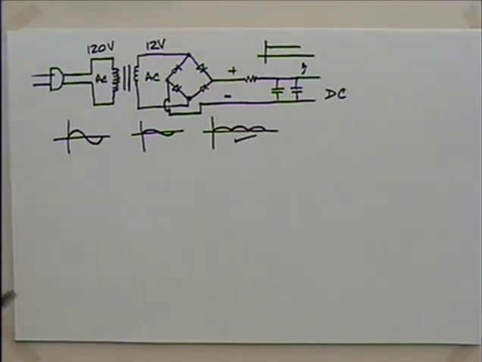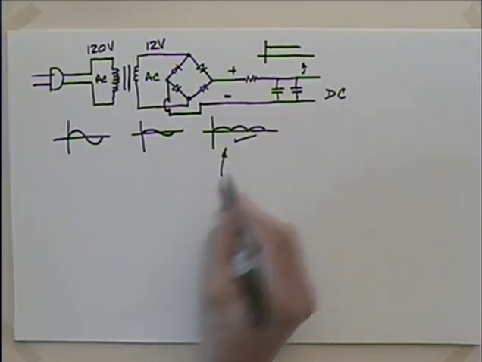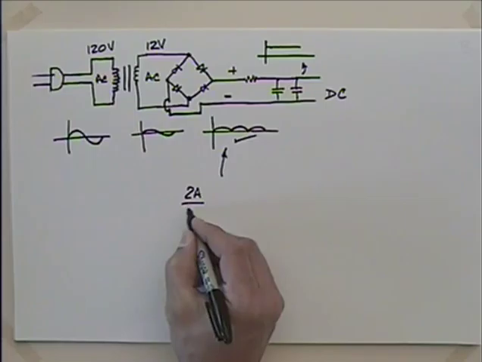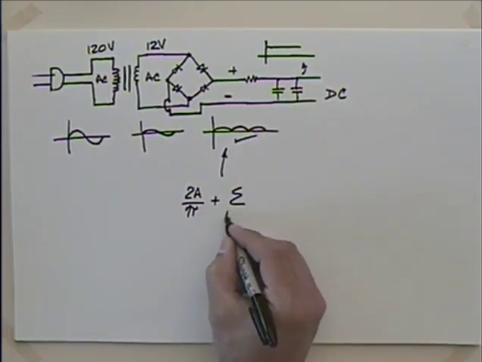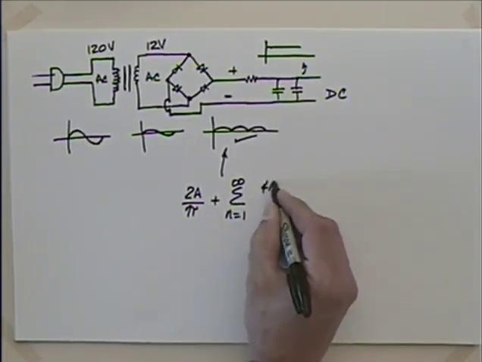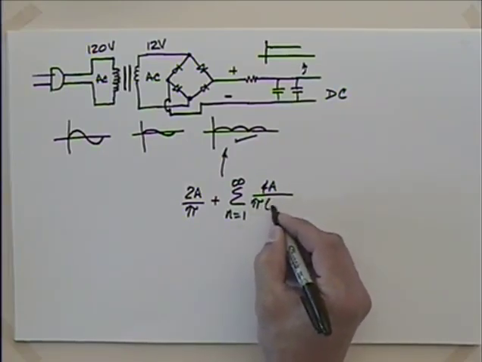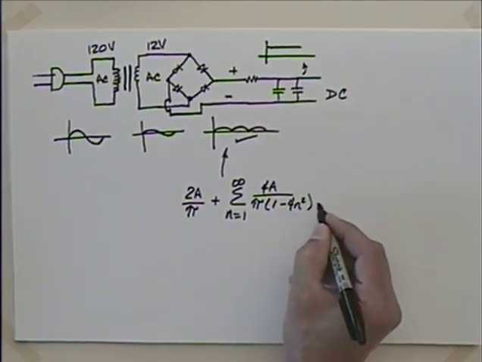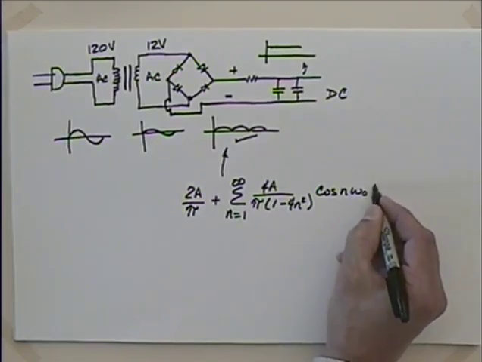I think if you go to a handbook value and you take a fully rectified wave, that'll probably look something like this: 2 times the amplitude divided by pi plus the sum n equals 1 to infinity of 4A divided by pi times (1 minus 4n squared) times the cosine of n omega naught t.